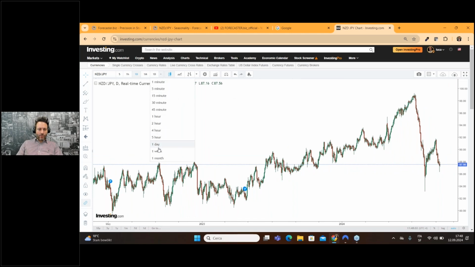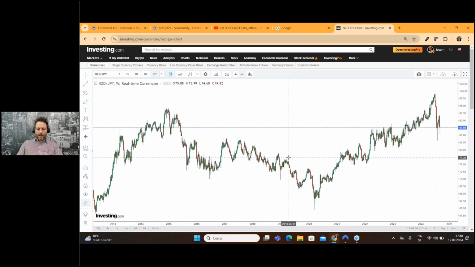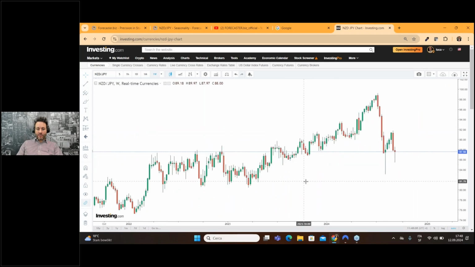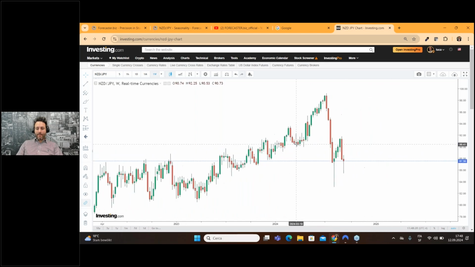We can also plot a weekly chart, and what we can find is very interesting, guys, because look, we are on a very interesting support at the moment. We already had a rebound on this level.